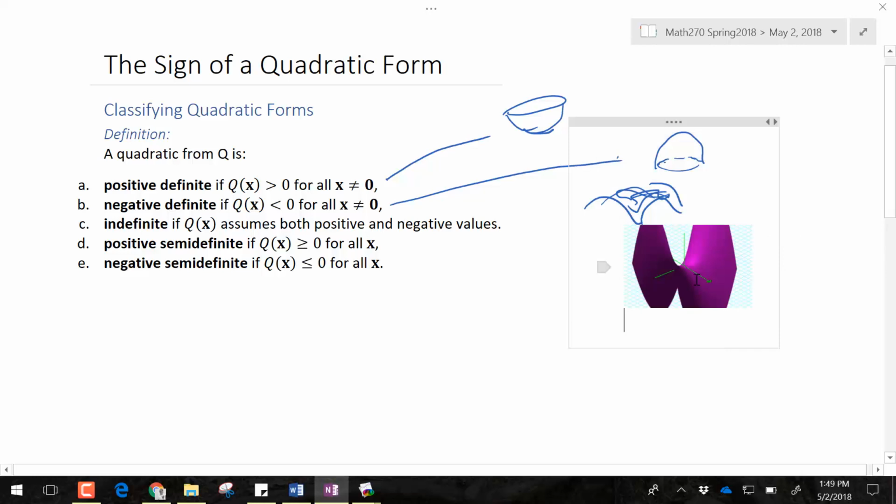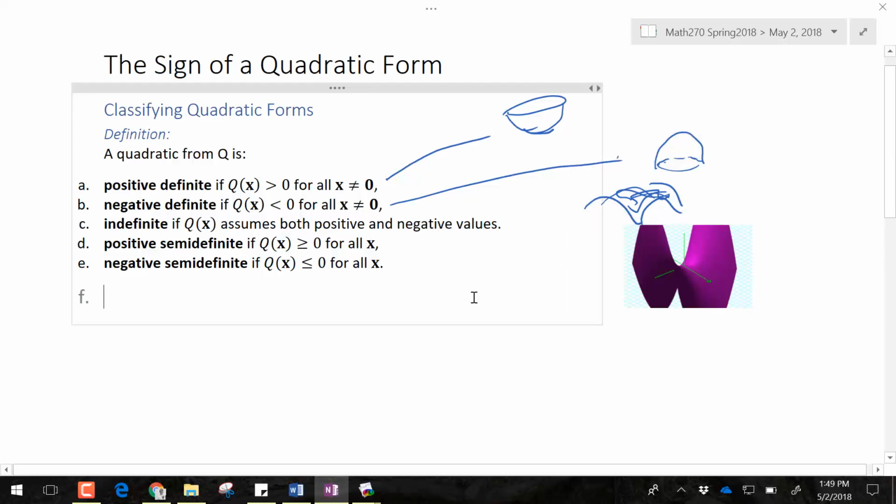Anyways, the idea is that if we can identify these things as being positive definite, negative definite, and indefinite, then we're moving towards being able to classify a point on a particular graph in Calc 3 as concave up or concave down, or in this case, neither, and we would call that a saddle.